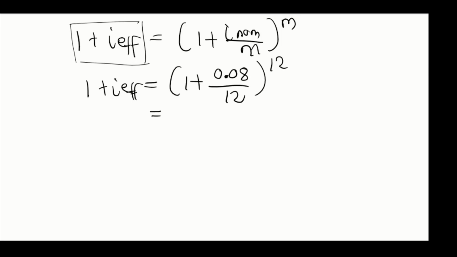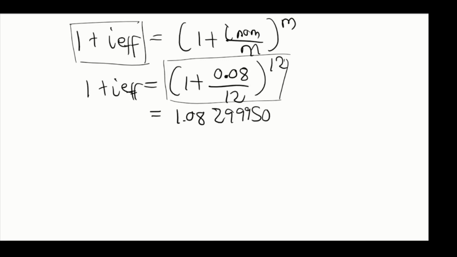If you find the decimal of this, it is going to be 1.08299950681. So let's consider this answer here, 1 plus i effective.